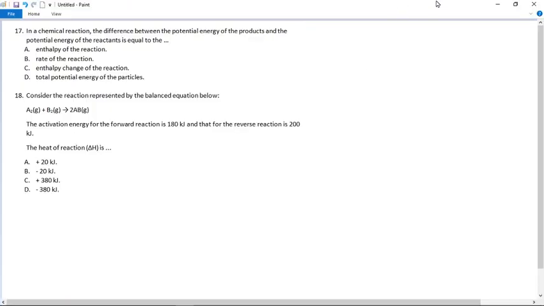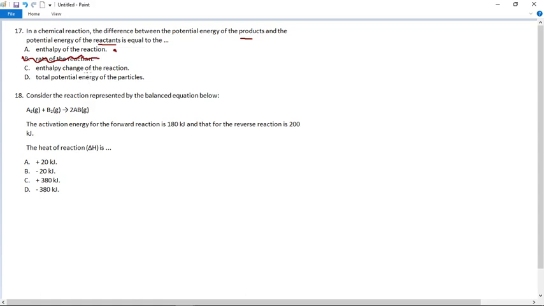Okay, number 17. In a chemical reaction, the difference between the potential energy of the products and the potential energy of the reactants, this is delta H that they are talking about. Okay, so now A looks quite promising. Enthalpy of the reaction. Okay, rate of reaction, no, that's the change in concentration of reactants or products per unit time.